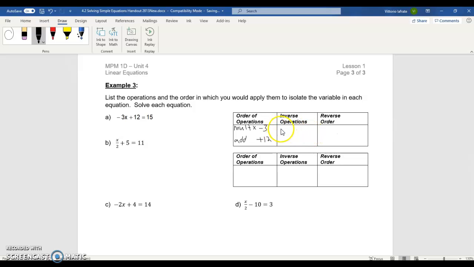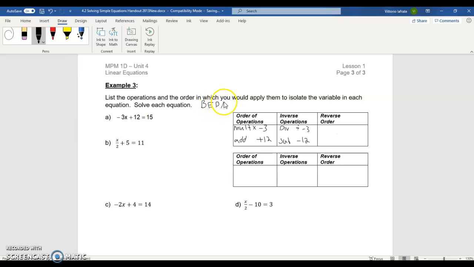So the inverse operation of multiplication we know is division. So we know we have to divide by -3. And the inverse operation of addition is subtraction. So we know we have to take away 12, so -12. Now when it comes to doing multiple inverse operations, we have to remember that BEDMAS has to be done in an inverse way as well.